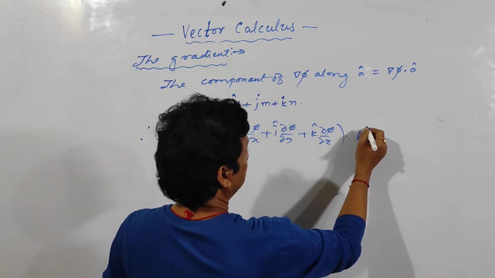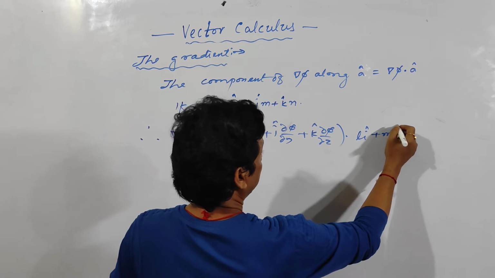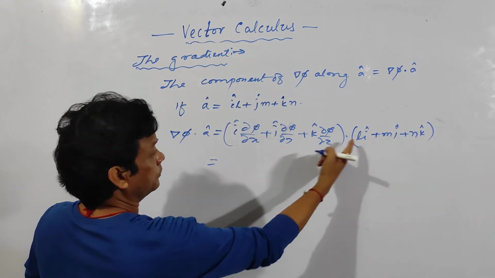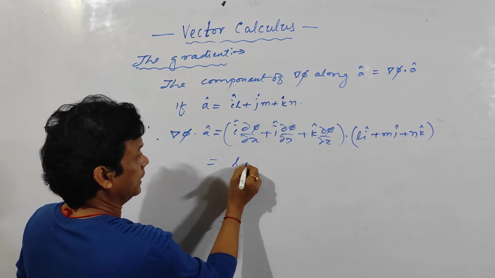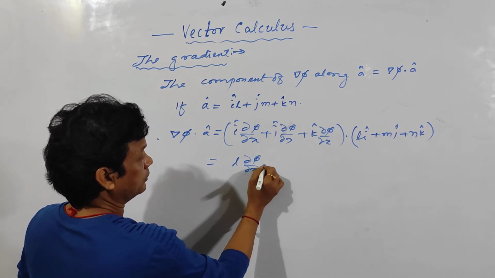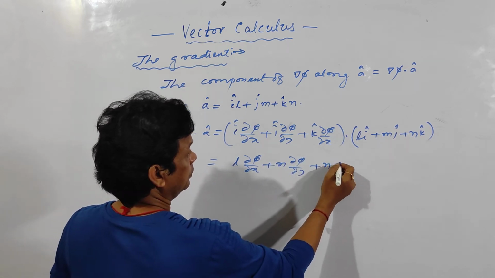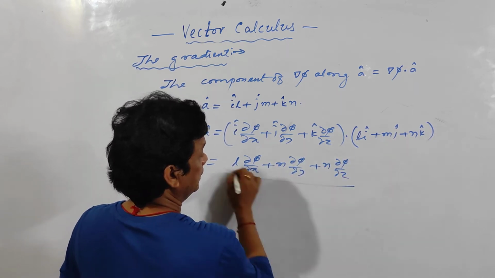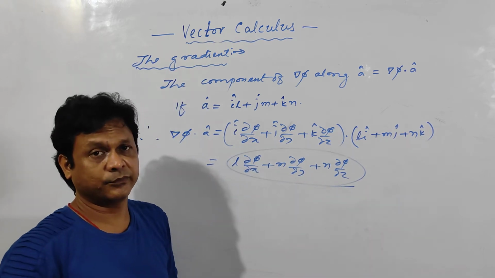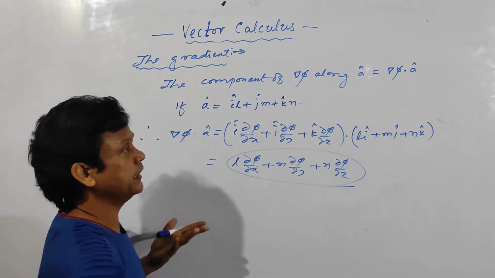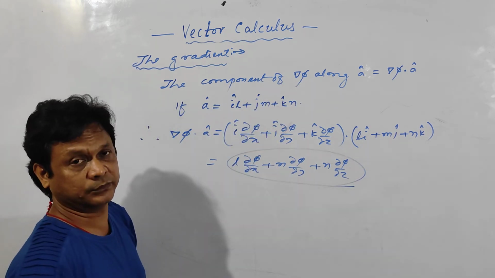L into I cap plus M into J cap plus N into K cap. So find the dot product. So L into del phi by del x plus M into del phi by del y plus N into del phi by del z. So this is the directional derivative. That means del phi dot A cap is the directional derivative along A vector.